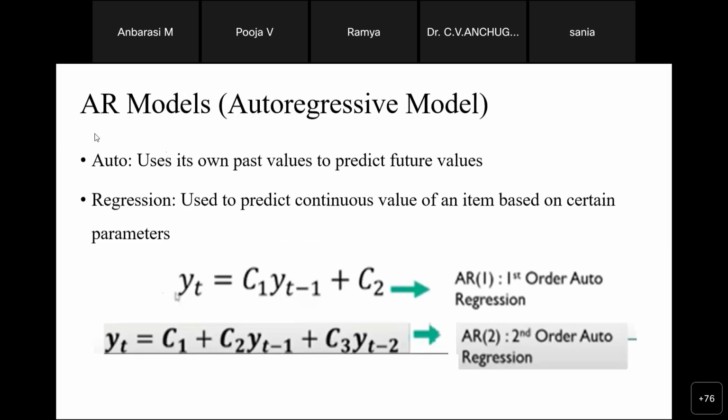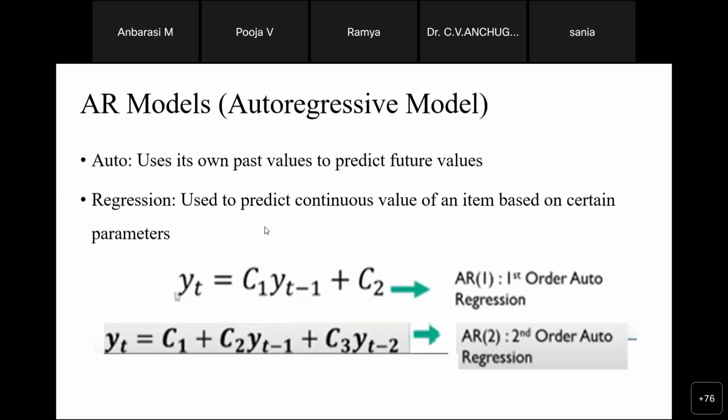So, the autoregressive model. In the autoregressive model, auto means it uses its past values to predict the future values. That is why we call it auto. Regression means predicting a continuous value based on certain parameters.